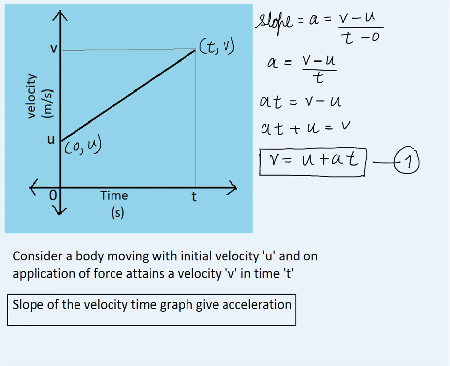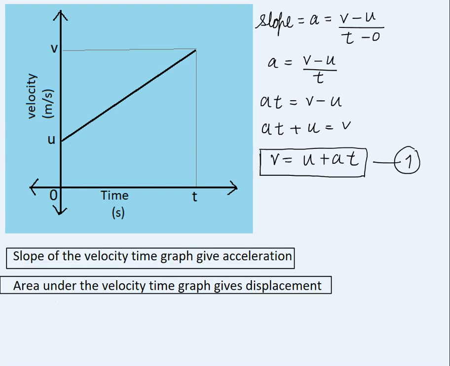Now we'll see how to get to the second equation of motion. Going ahead, we use the second property that the area under the velocity time graph gives us displacement. Now this is our velocity time graph and the area under this graph will be represented by this whole region.